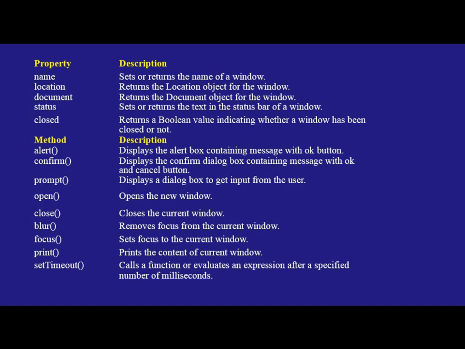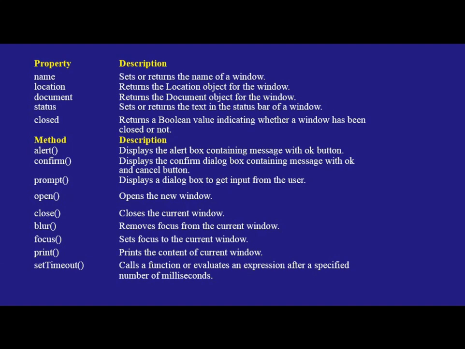This function, if you use it while writing a JavaScript program, displays a dialog box with a confirmation message containing two buttons, OK and Cancel. Means any message you want to display on the screen and you want to ask whether you want to proceed ahead or cancel, then you can use the confirm method.